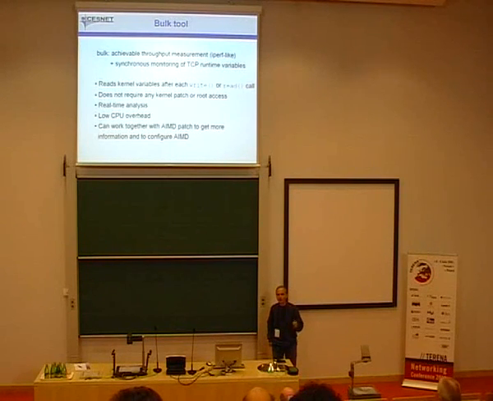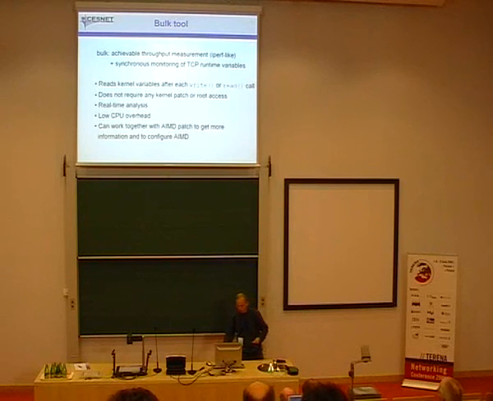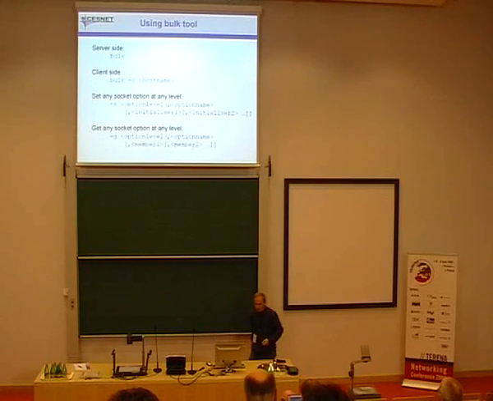Any user can run it using his own account in user space. It provides real-time analysis during the connection and incurs, I think, low CPU overhead. Additionally, it can work with AIMD patch to get some motion and to configure AIMD parameters, as I will show later.